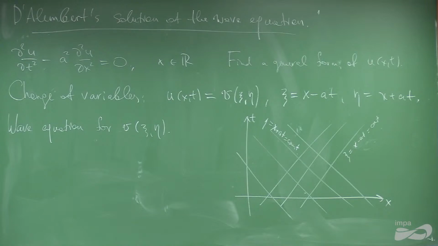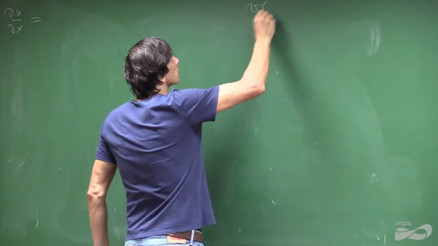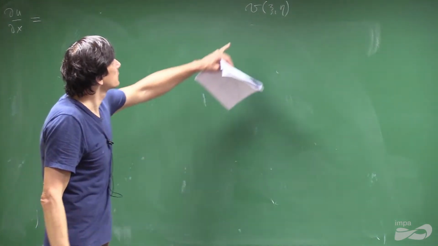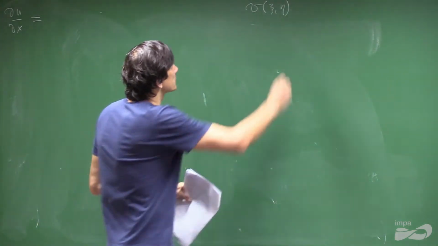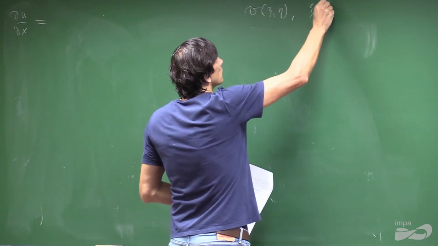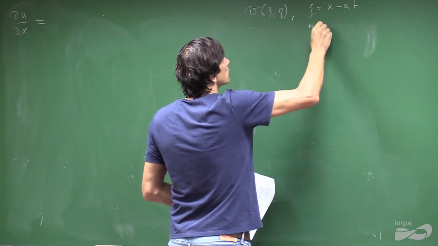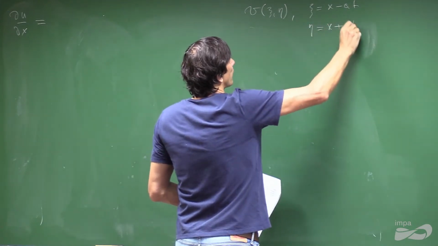The first derivative, du dx: how do you compute it in terms of v? We consider that v is a function of xi and eta, and xi and eta are functions of x and t.